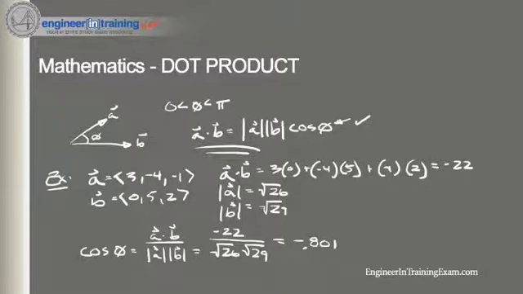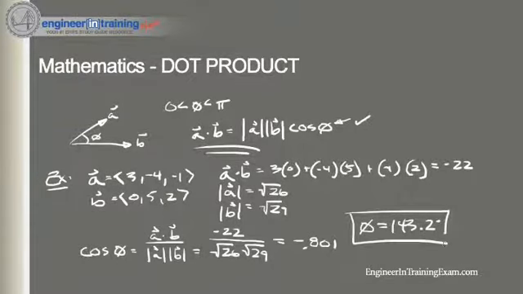Now taking the inverse cosine to get our final answer, theta will be equal to 143.2 degrees. So that's how we determine the angle between two given vectors using our dot product and geometric interpretation of it.